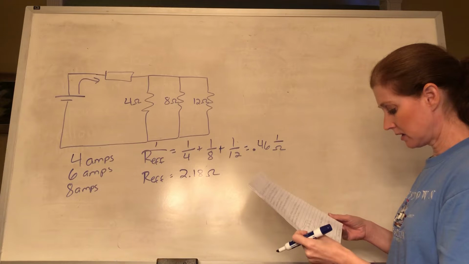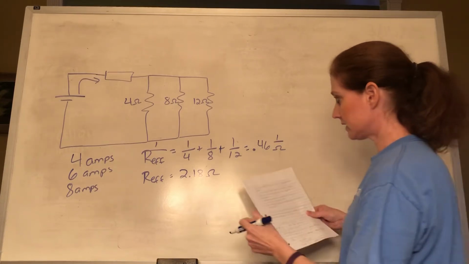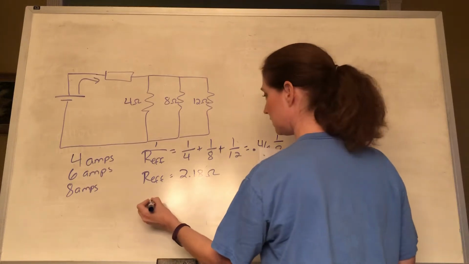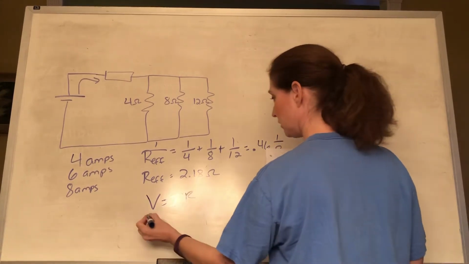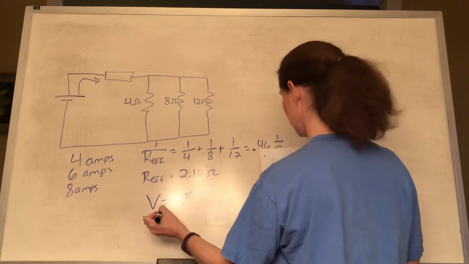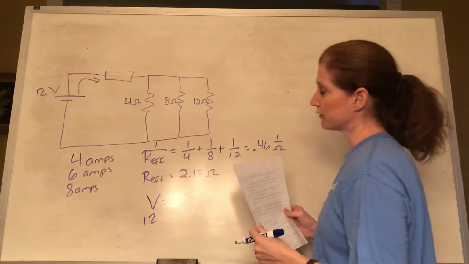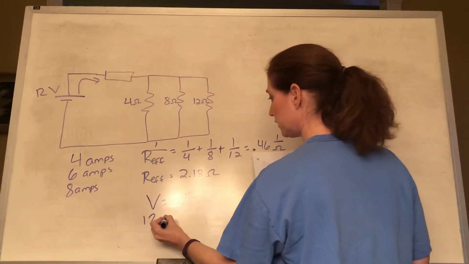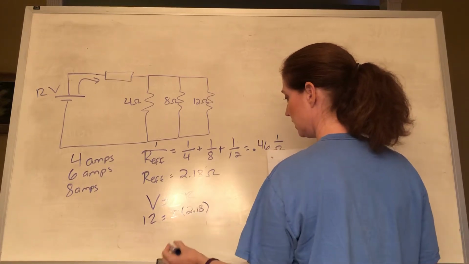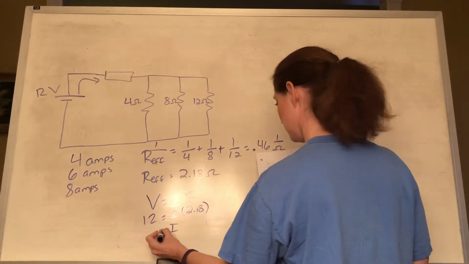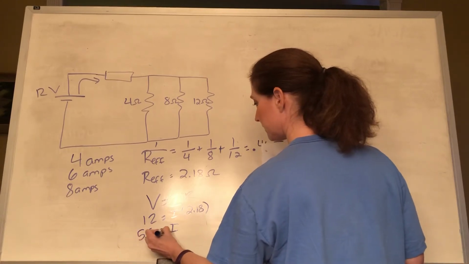All right. And so now looking at our equation, V equals IR, I didn't tell y'all this is a 12 volt battery over here. All right, so 12 equals I times 2.18, and I is going to be 5.5 amps.